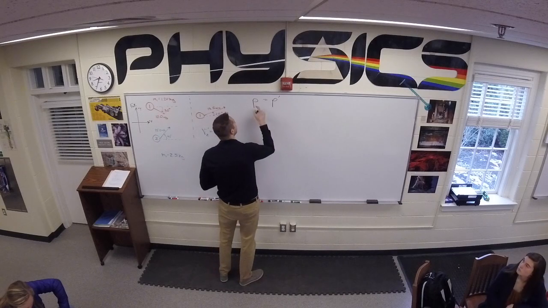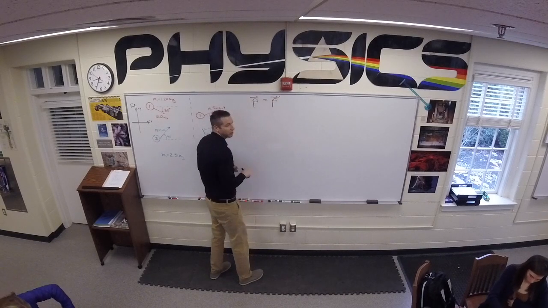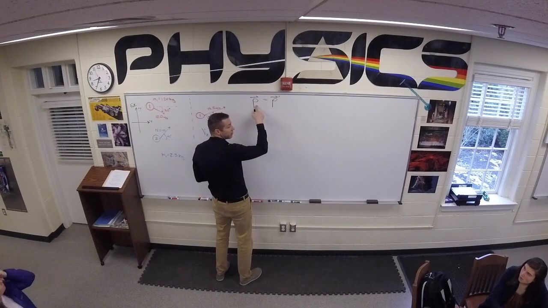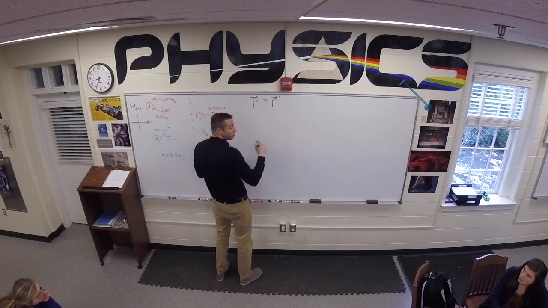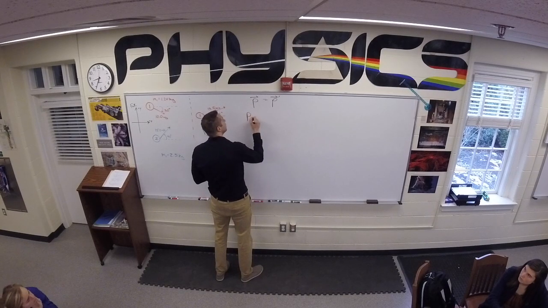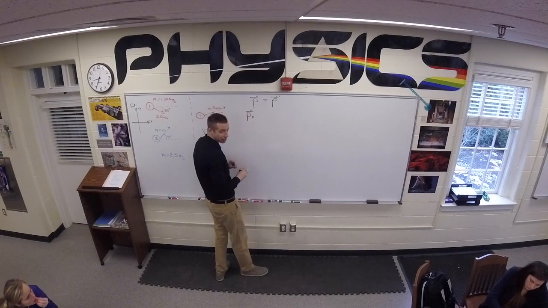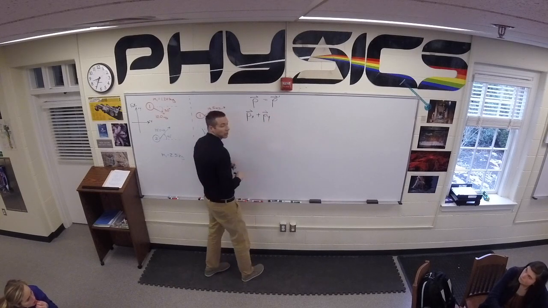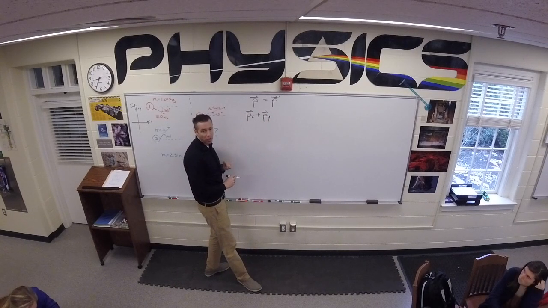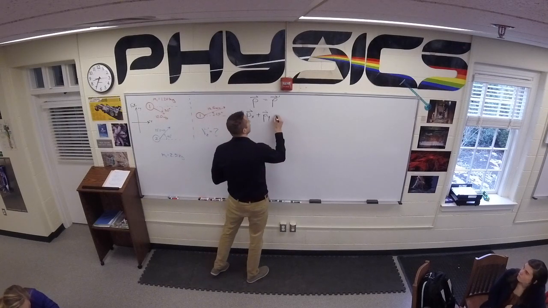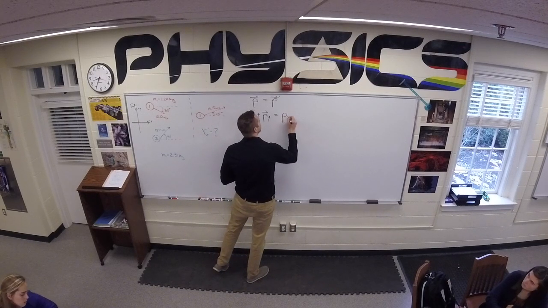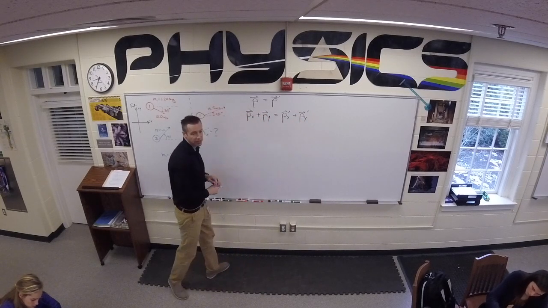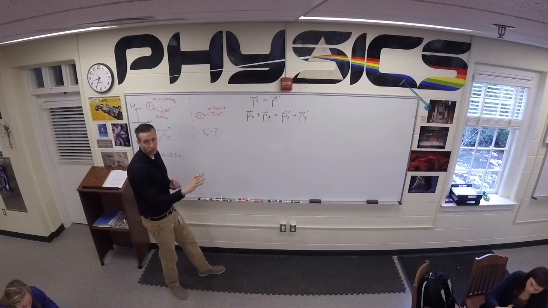But moreover, P is a vector comprised of two directions, which means that the overall system's momentum can be split into two independent directions, where we have the momentum in the x direction of the system as a vector added to the momentum in the y direction. This can then be divided up on this side as px prime plus py prime. Total momentum of the system is conserved across all domains.